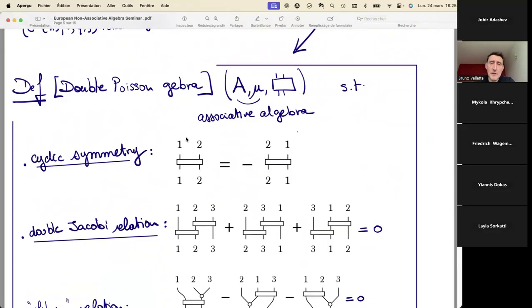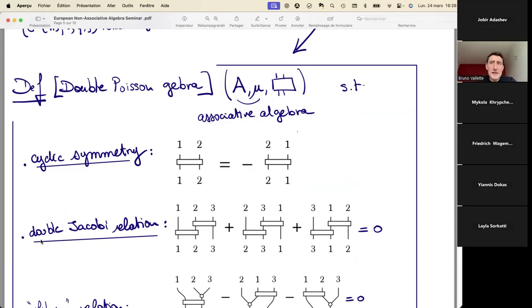That is, if you switch the two inputs, you switch the two outputs at the same time, producing a minus sign. It's not very surprising. This is the two-output analog of the skew-symmetry of a Lie bracket.